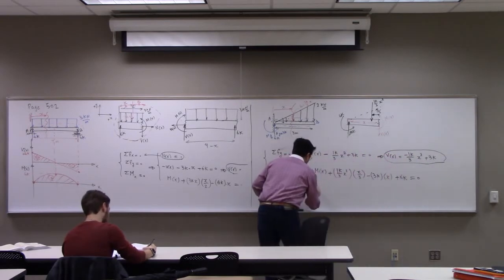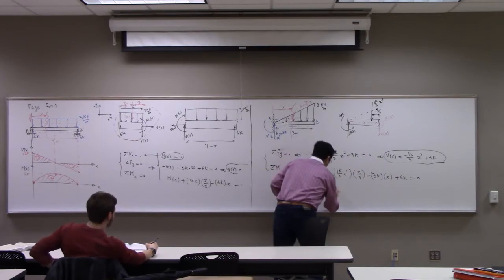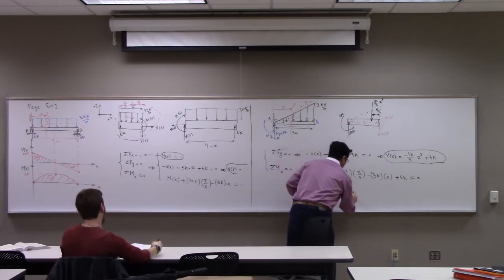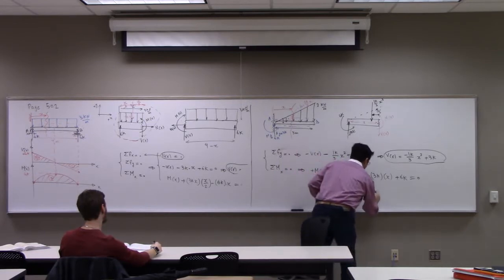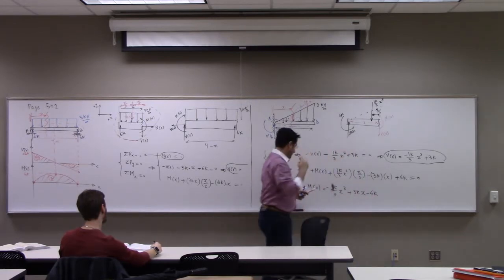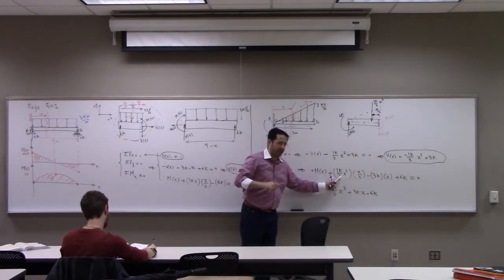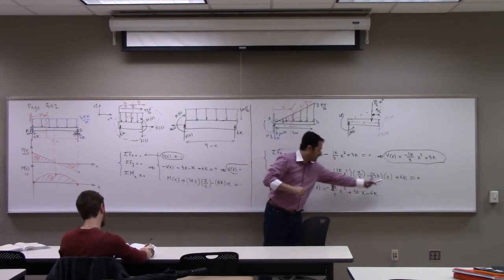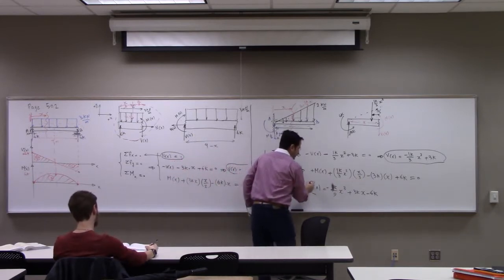You get Mx is equal to 1k over 9 x cubed plus 3k x minus 6k. So you take this to the right, negative 1k, 3 times 3, 9, x cubed, plus 3k times x, negative 6k. So that's your moment equation.